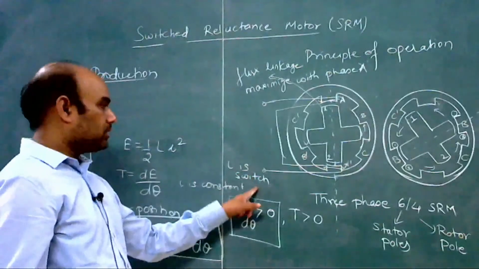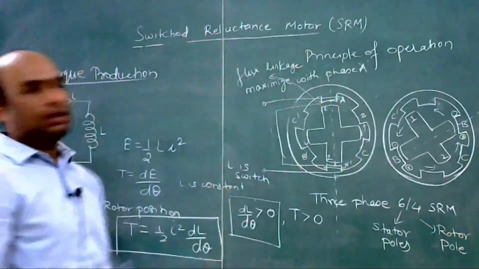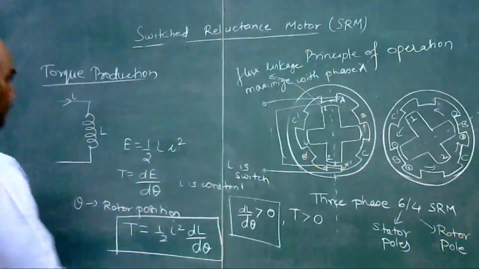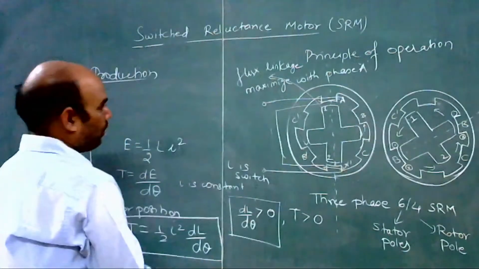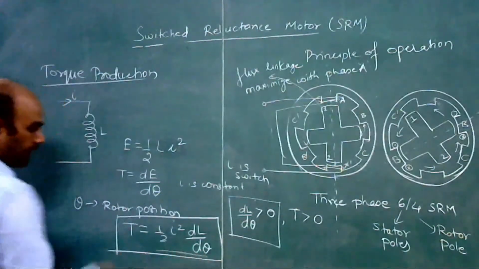So the current is switched, that's why it is known as switched, and there is variable reluctance, so switched reluctance motor. This motor has to be switched at regular intervals with the rotor position, so as to have optimized torque. So how can we optimize this torque expression?